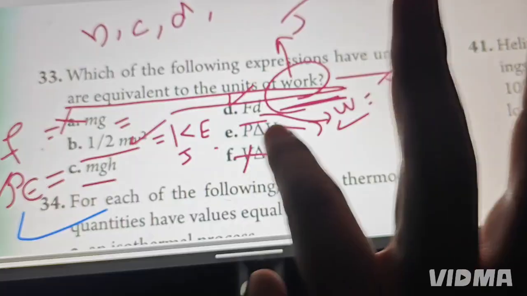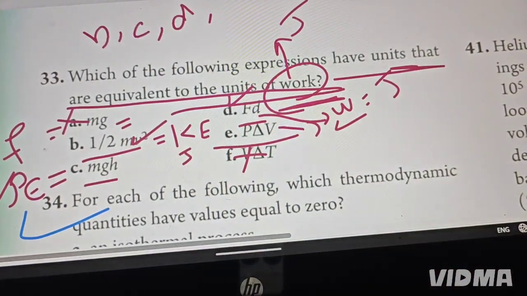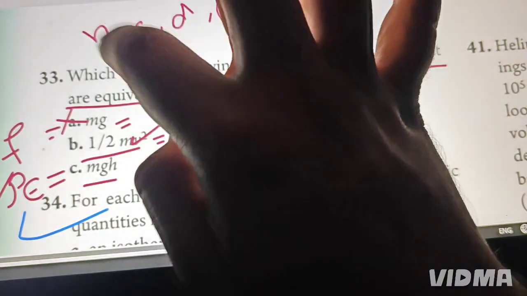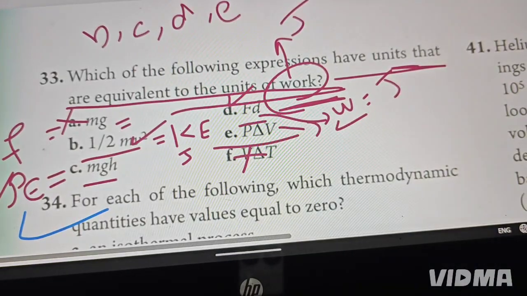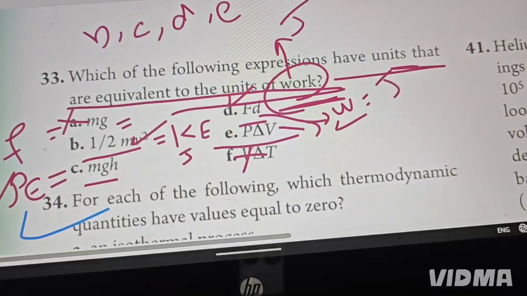And part E, same thing, is again the rule of work, with units of joule. So the answer is B, C, D, E.